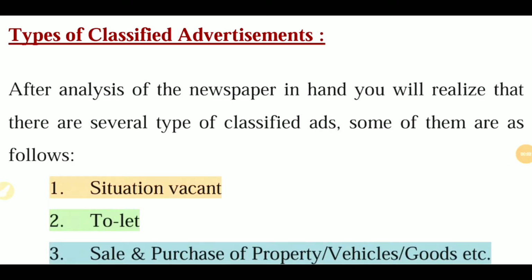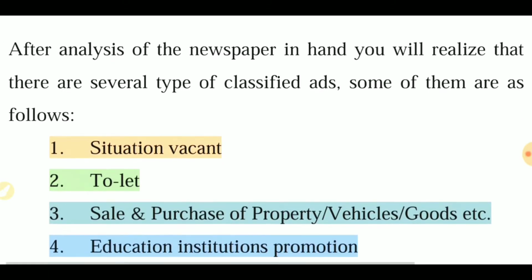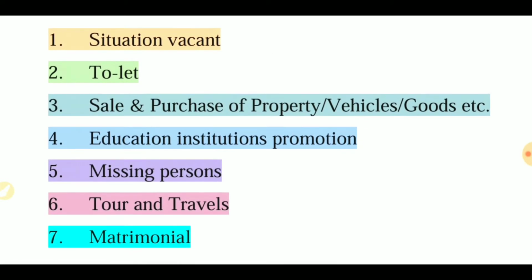Now we will discuss the types of classified advertisements. After analysis of the newspaper in hand, you will realize that there are several types of classified advertisements on the basis of their purpose. Some of them are as follows. These are very important types of classified ads from your CBSE examination point of view.